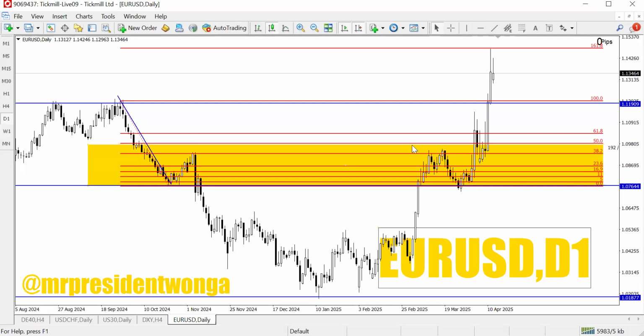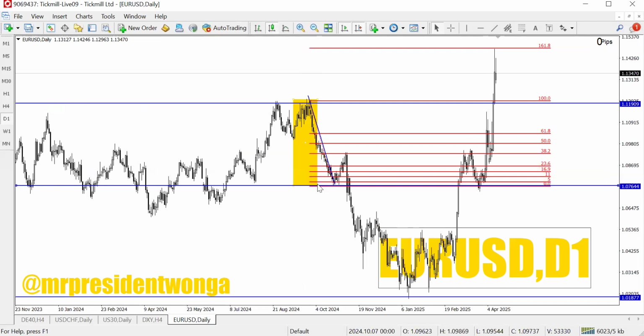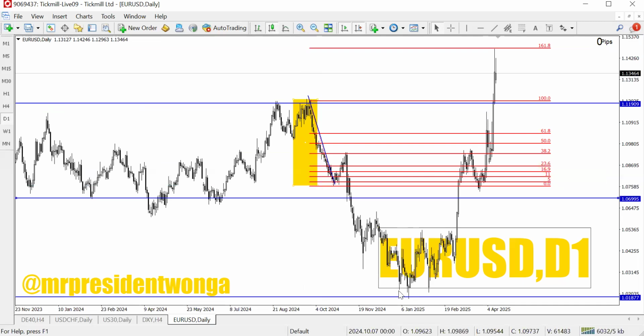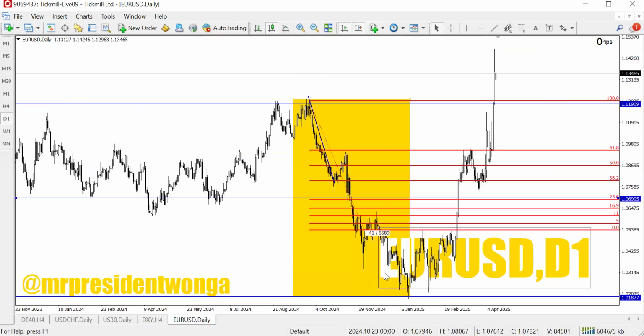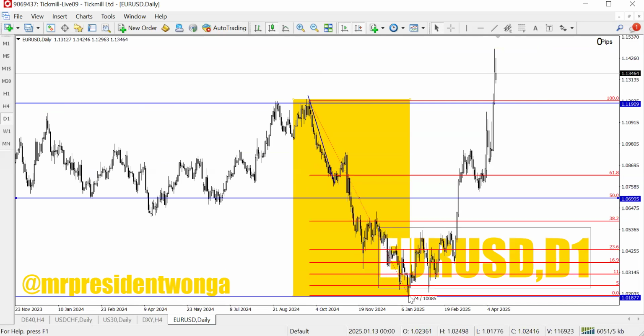So the price did not reach the 50 to 61 level. From that level, it started making a further drop. So we can take that, and this was the lowest low. We take that Fibonacci towards that low, and you can see there was not much reaction.